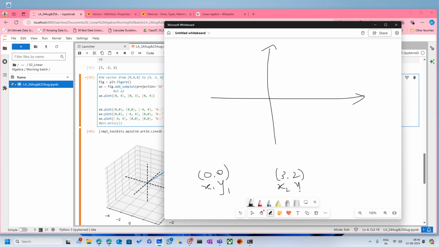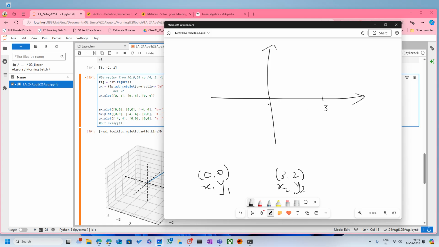This is how we understand. But while plotting, it is important to specify x1, x2, which means along the x axis it is 0 only, and it is somewhere here.